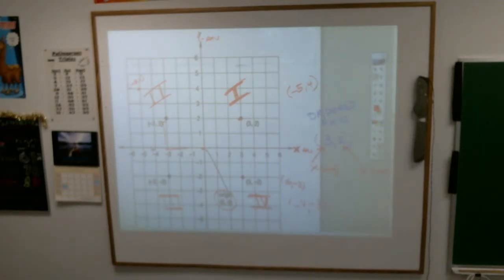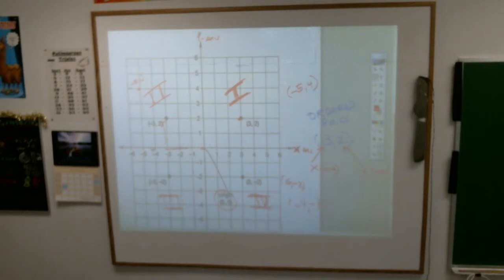Turn your books to page 364. Actually, 365. Look at problem number 7 there. 7a says to graph that rectangle where they give you the coordinates.